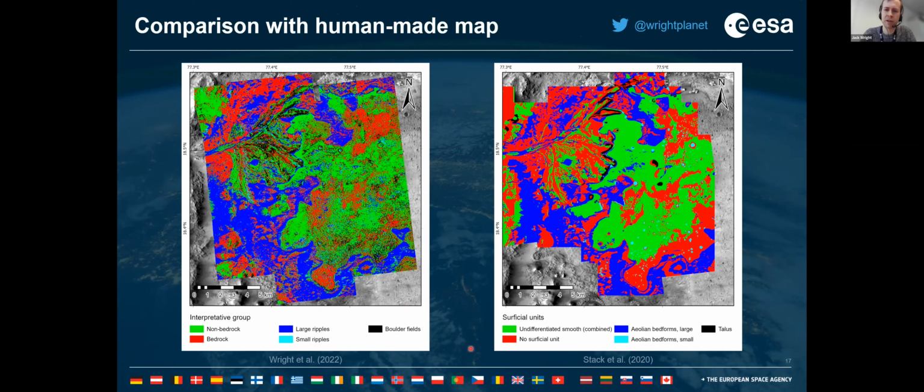And on the right, I'm showing you a completely different product. This is a human-made geological map. This is made by Stack et al. 2020. This is a paper and a map written and made by the Mars 2020 rover team based on HiRISE images. And they were a team of 63 mappers.